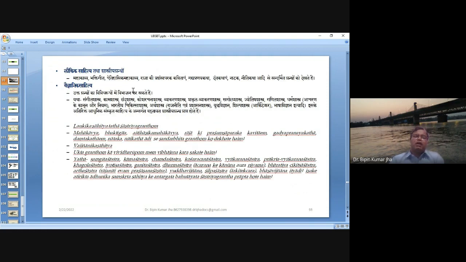In the same way, if we are talking about classical, or we can say Laukik Sahitya, here you can find different types of texts, where epic or historical epic, or you can say champu, which is mixed with prose and poetry. Such type of text you can find easily.